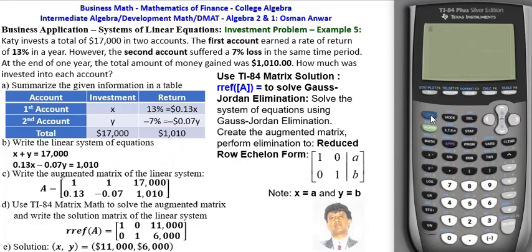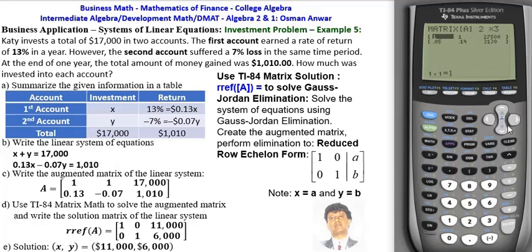And here it is, second matrix, edit. It is 2 by 3. Okay, and enter the values.